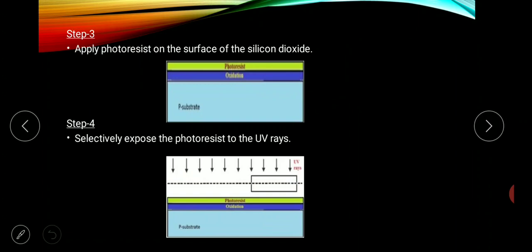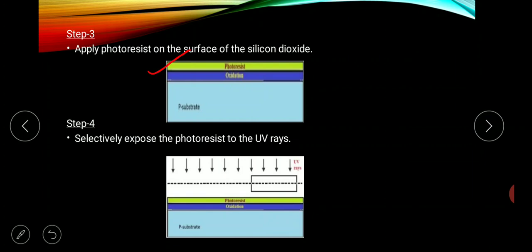Positive photoresist is initially insoluble and becomes soluble after the application of UV rays. Negative photoresist is initially soluble and becomes insoluble when UV rays are applied. Generally we use positive photoresist. Here we can see the entire region is covered with a layer of photoresist.